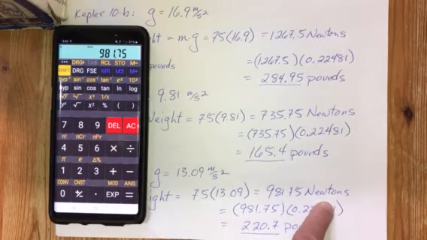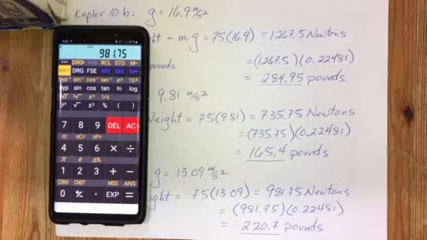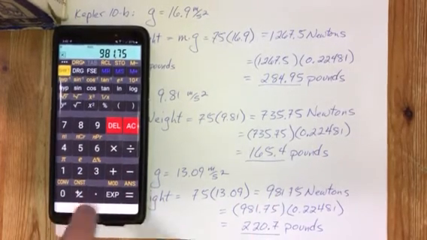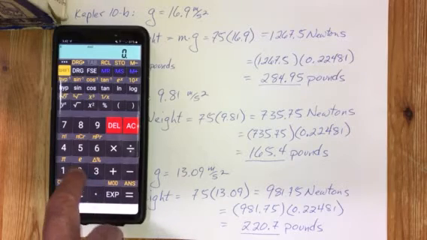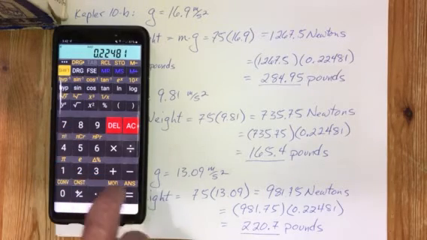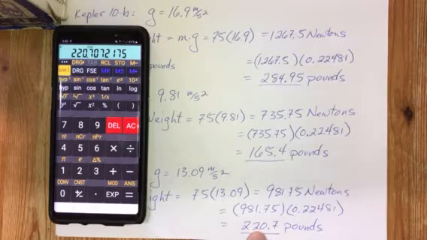Now, again, that's in newtons, and we're going to convert that into pounds, and we do that by multiplying by the newtons to pounds conversion, which is 0.22481, and we get 220.7 pounds.